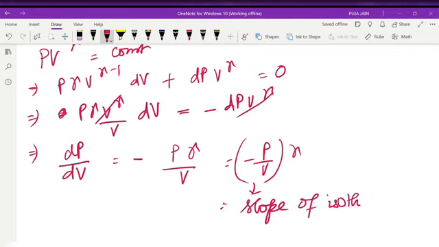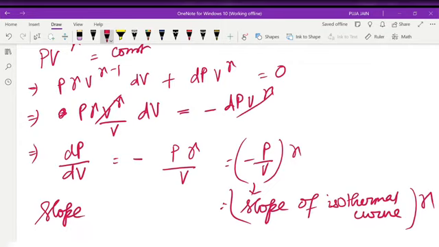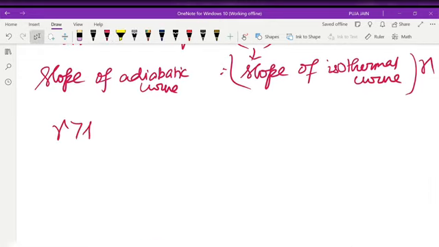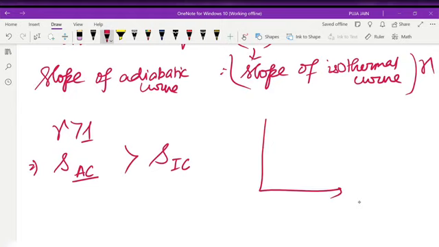So basically the slope of an adiabatic curve is gamma times the slope of the isothermal curve. We know gamma is always greater than 1. That means the slope of the adiabatic curve is greater than the slope of the isothermal curve.